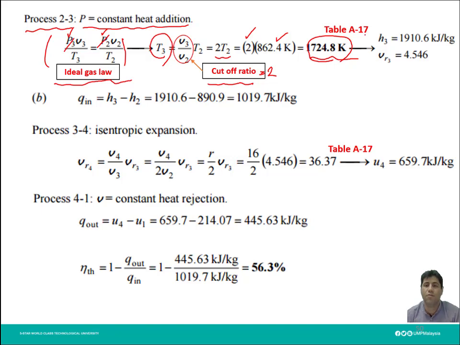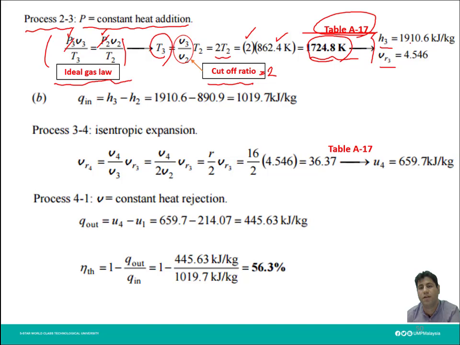Then we can go to table A17 and find the enthalpy and relative specific volume for this state, H3 and VR3, for which you need to do interpolation. You need to do two interpolations to find H and VR.